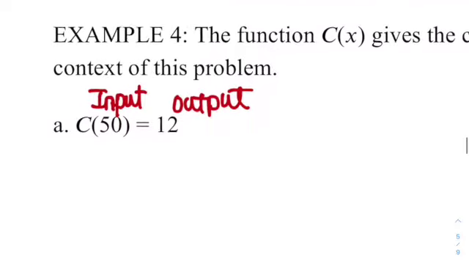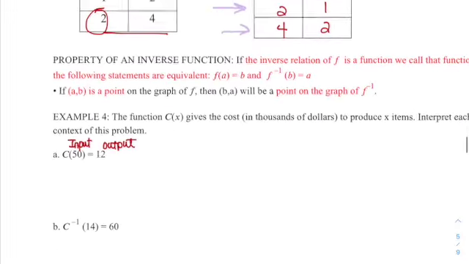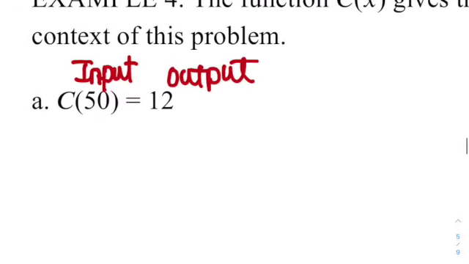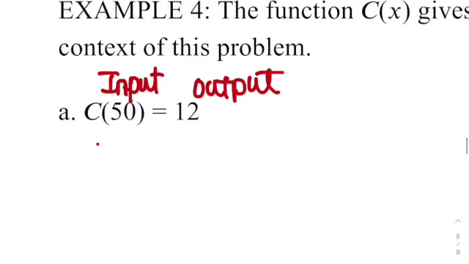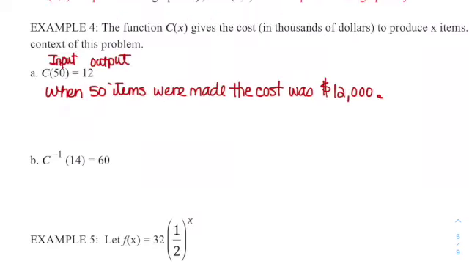What does it mean in this case? It means when 50 items were made, the cost was $12,000. That's input, amount of items. Output is how much money.